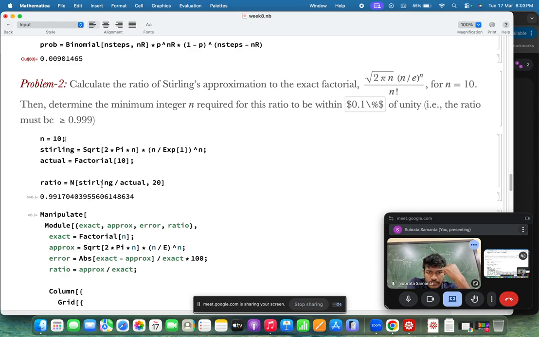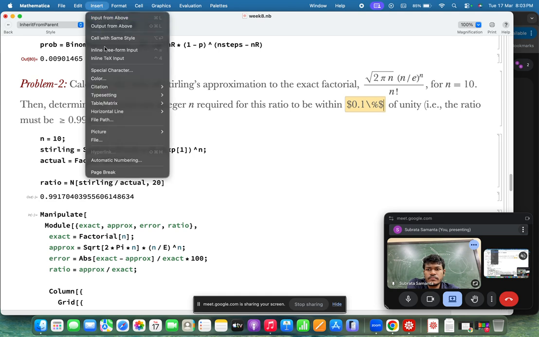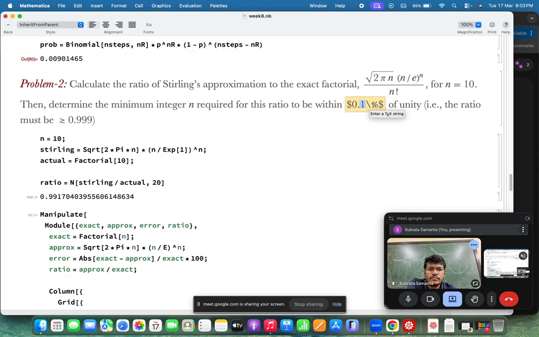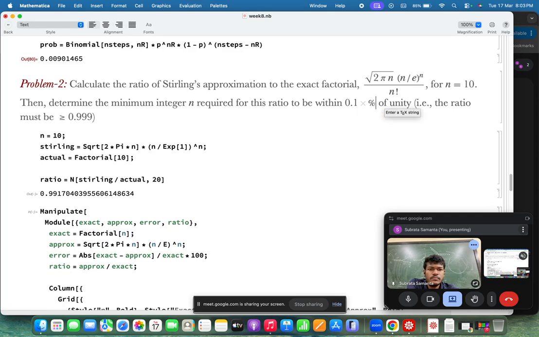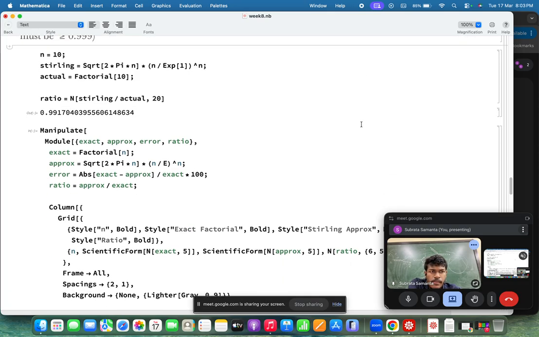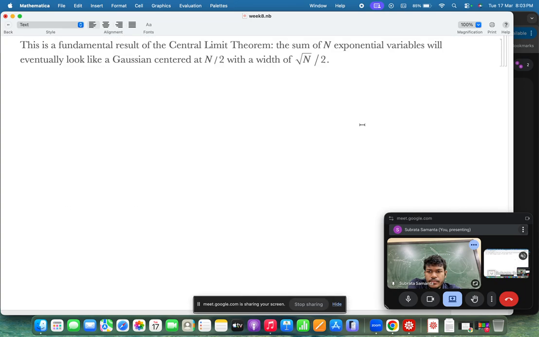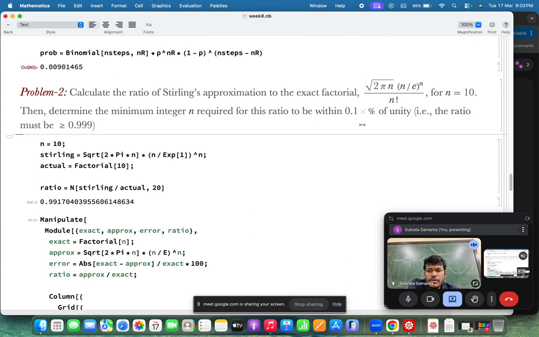Okay, any question? Let us do this for various values of n.